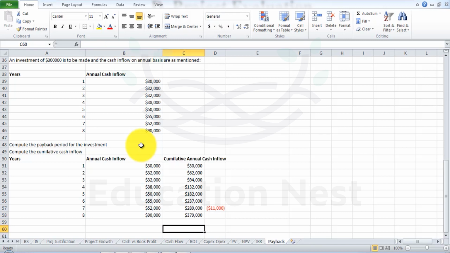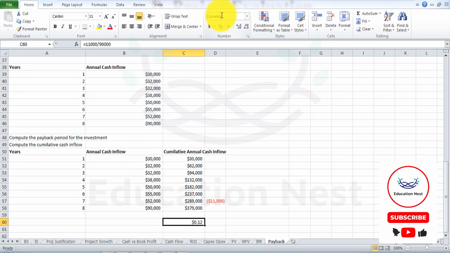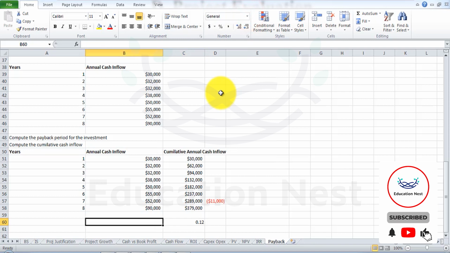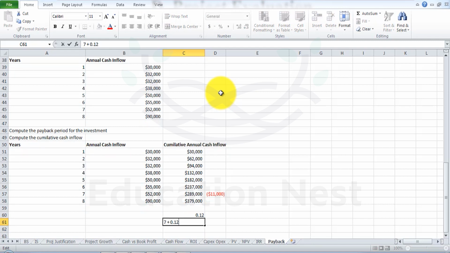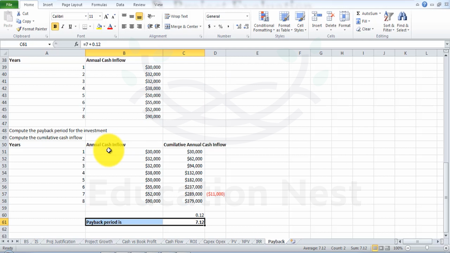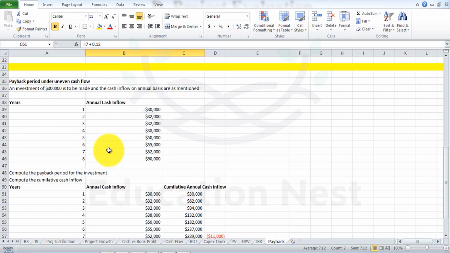So that's going to be $11,000 divided by $90,000, which is about 12 months' fraction. So your payback period is going to be 7 years plus 0.12, equal to 7.12 years. Your payback period is 7.12 years, and obviously you're going to reject the project because it's far beyond the company's desired payback period of 4 years.